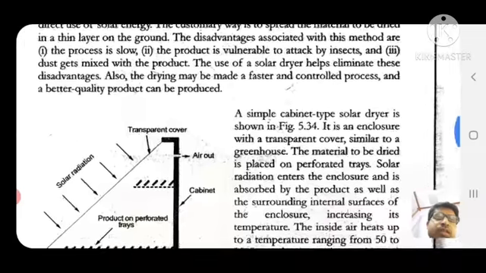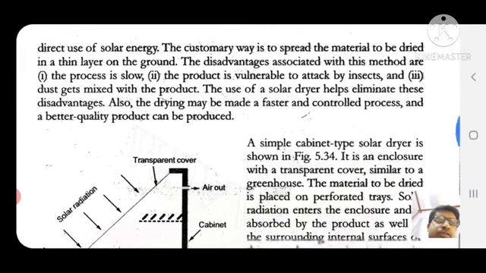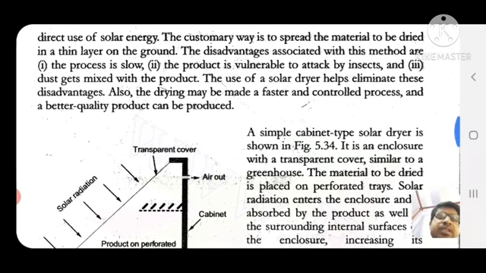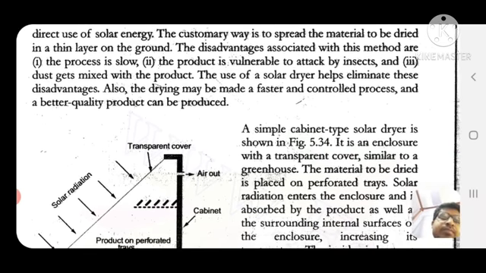The customary way is to spread the material to be dried in a thin layer on the ground. The disadvantages associated with this method are that the process is slow, the product is vulnerable to attack by insects, and dust gets mixed with the product.